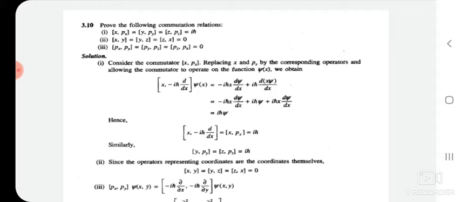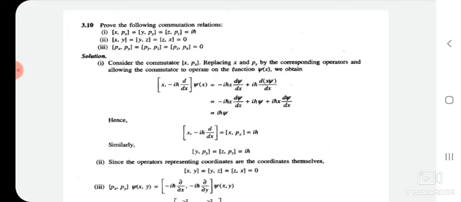The remaining quantity is iħ psi of x, so [x, px] psi = iħ psi, hence [x, px] = iħ. Okay, in this way we can show that [x, px] = iħ.